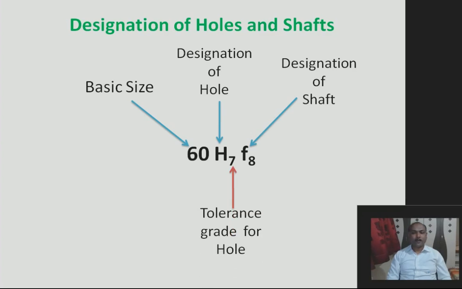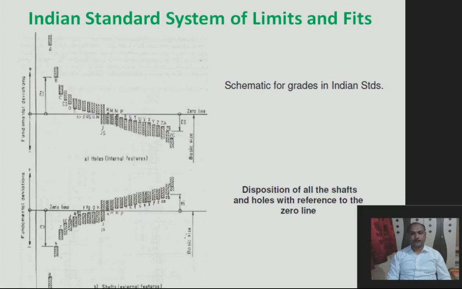The number after the capital H is known as the tolerance grade of the hole, whereas the number after the designation of the shaft is the tolerance grade for the shaft.